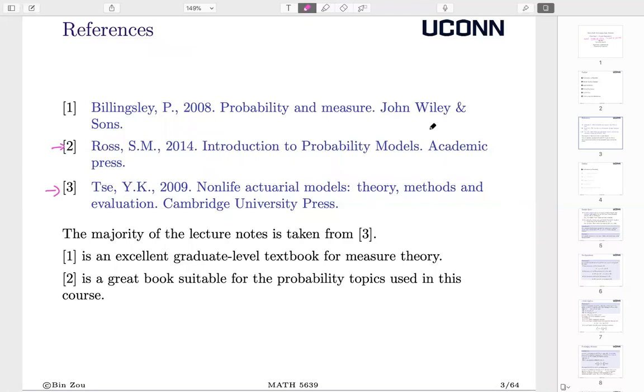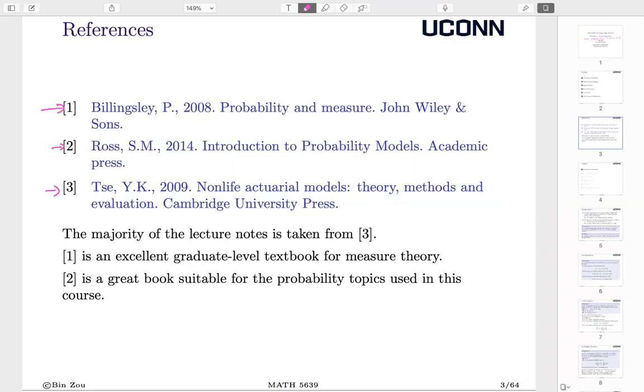And then, actually, quite a few of you are PhD students. Book 1 is for you. If you are a PhD student in mathematics, statistics, or actuarial science, it may be a good idea to study probability at a much higher level. That is book 1. Book 1 is for PhD students.